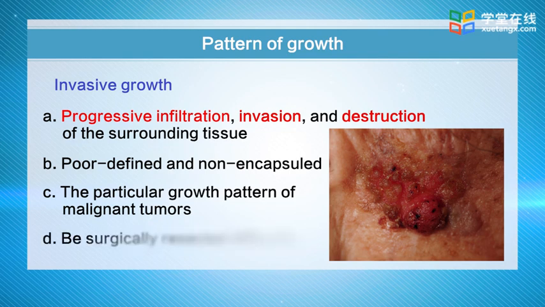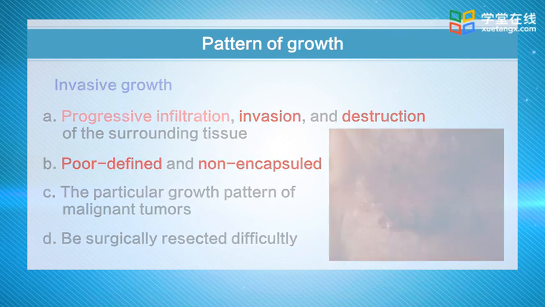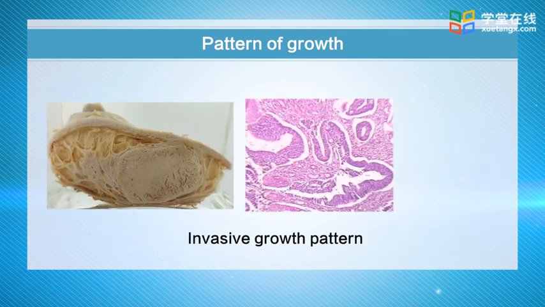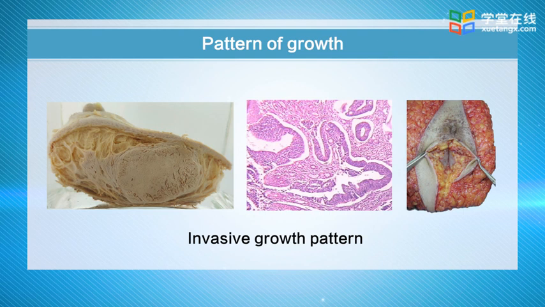Tumors with this growth pattern are poorly defined and non-encapsulated. Here we have the cut section of invasive ductal carcinoma of the breast. The lesion is retracted, infiltrating the surrounding breast substance, and was stony hard on palpation.